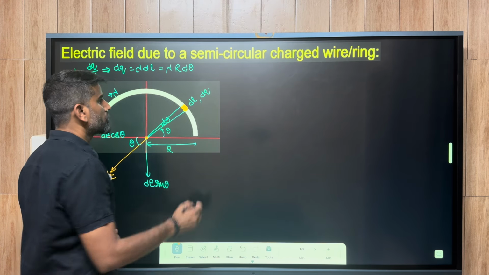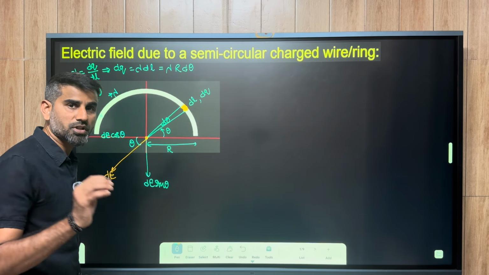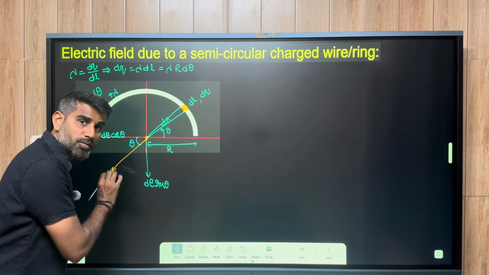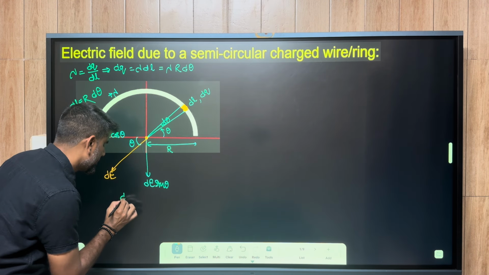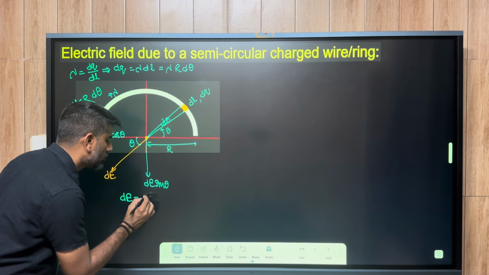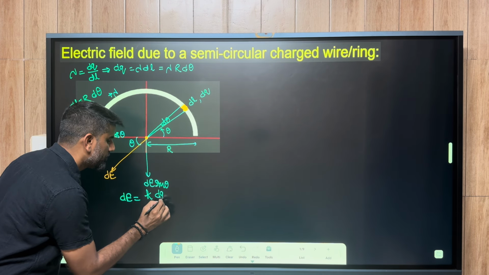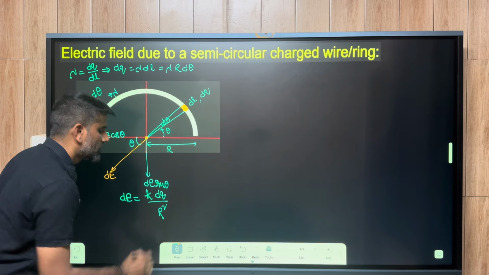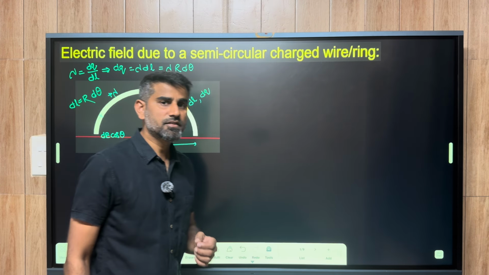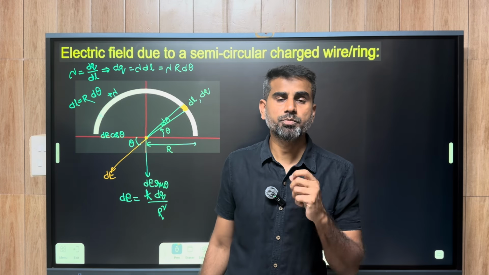Now I'm going to write the equation for the electric field due to this small element, which is dE is equal to k dq by r square. This small element can be considered as a point charge.